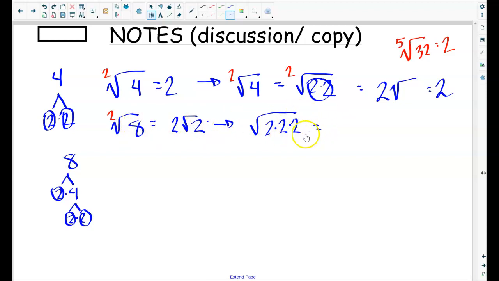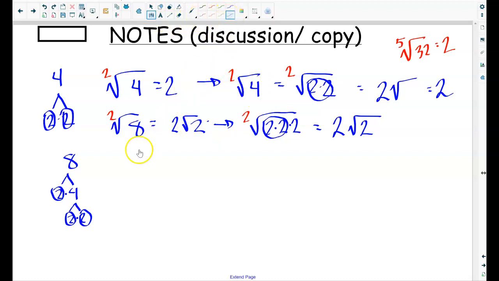Because the index is 2, I circle every time a number repeats. Here's 2, 2, so I circle it. That means these two get to pop out one time. I put the radical. This 2 does not have a pair, so it stays inside, and that's the answer I got.